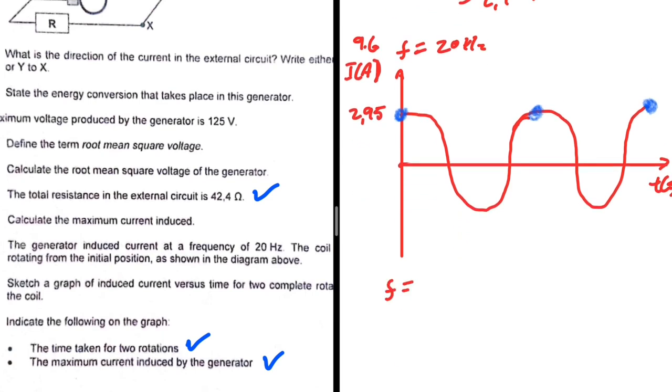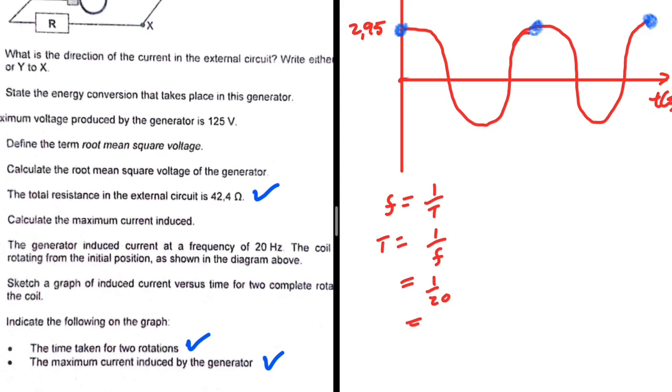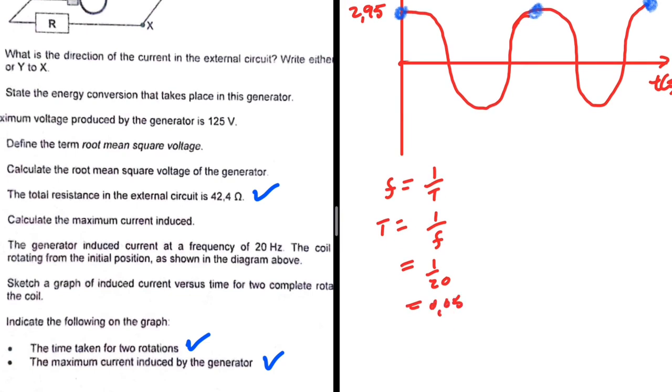Now let's come to the time. We're given the frequency, which is 20 Hz, but we know that with the frequency we can find the period. So what is 1 over 20? 1 over 20 is equal to 0.05.